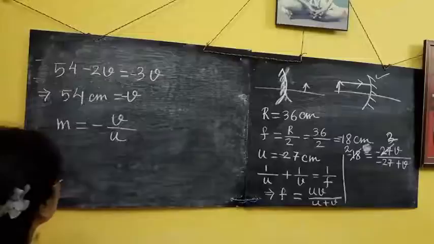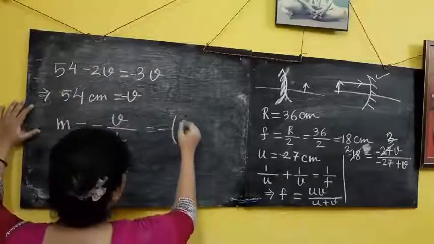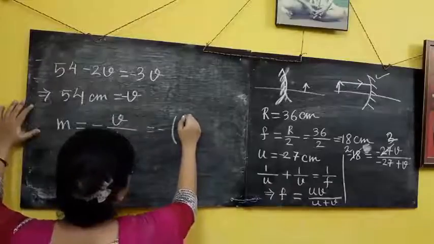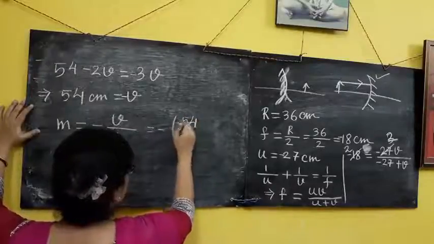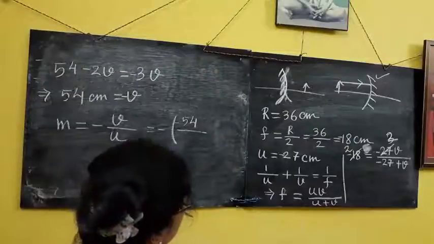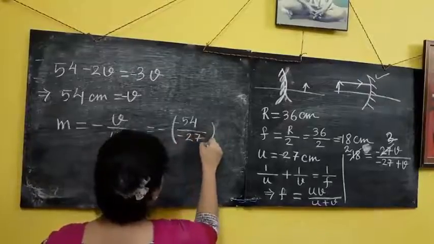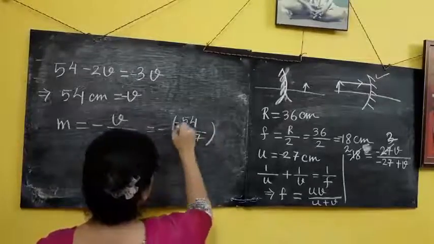So if I put it in, minus minus keeping outside, 54 centimeter, minus 54 by u. u is how much? u is minus 27. Done. So minus minus cancel out.